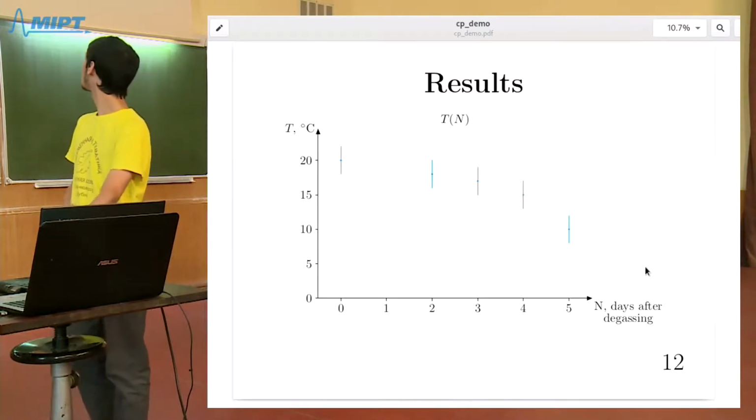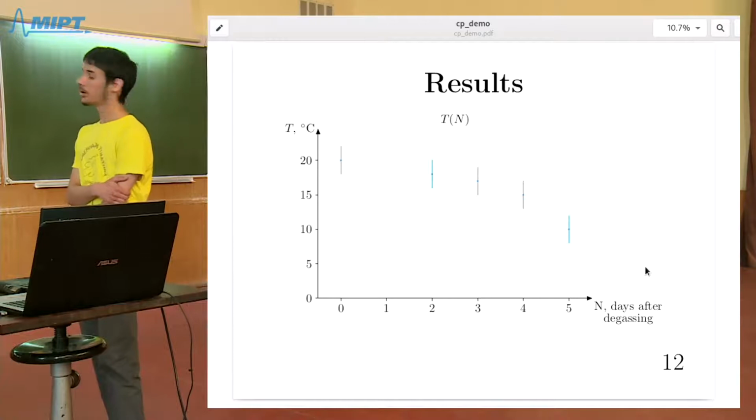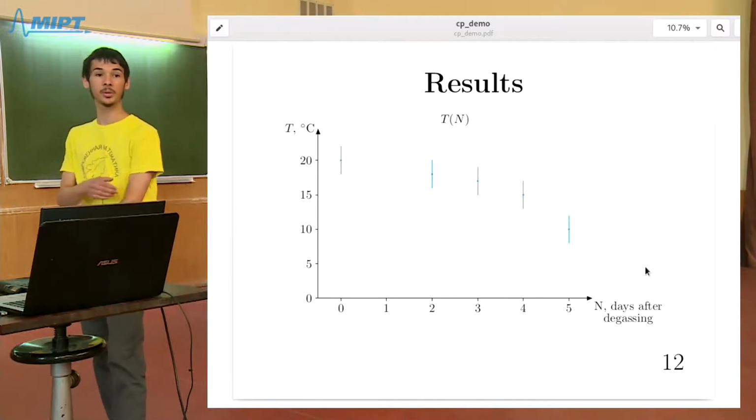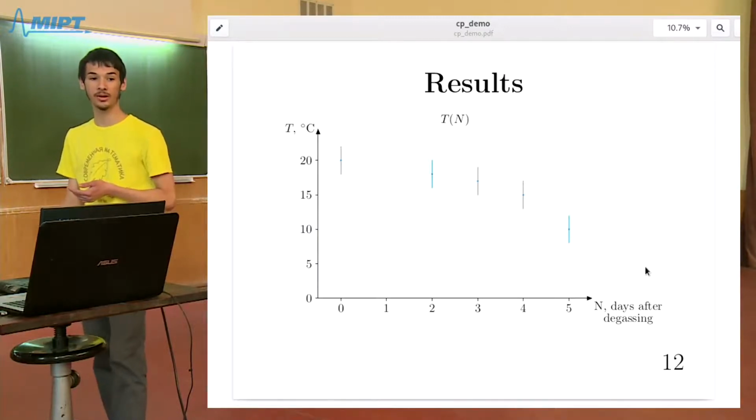So it turned out that there was a maximum temperature of water, after which the sonoluminescence couldn't be registered. So we studied the dependence of the temperature on the gas content of the water.